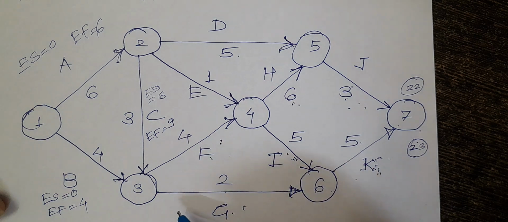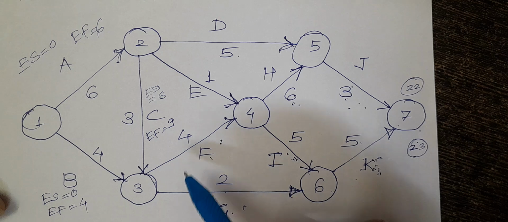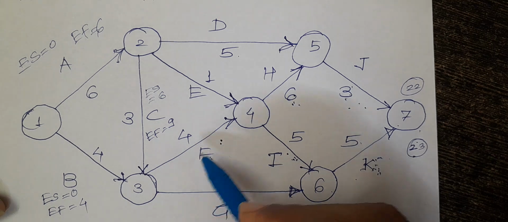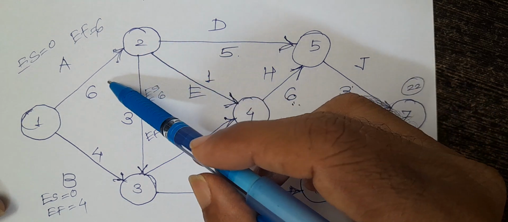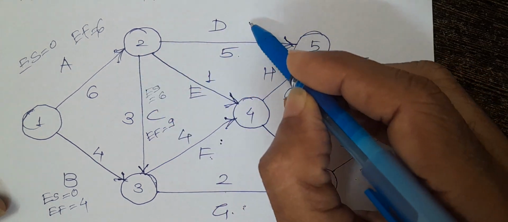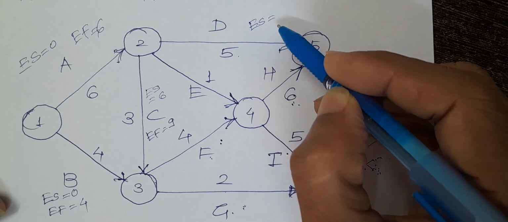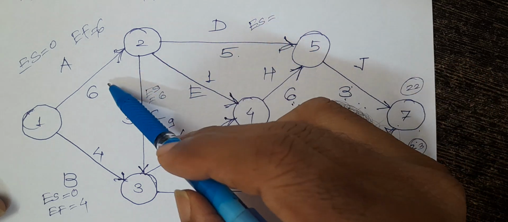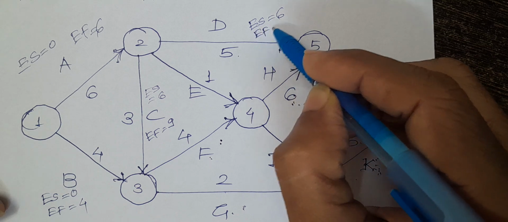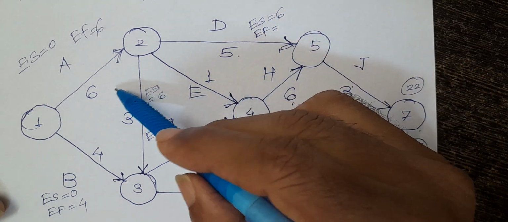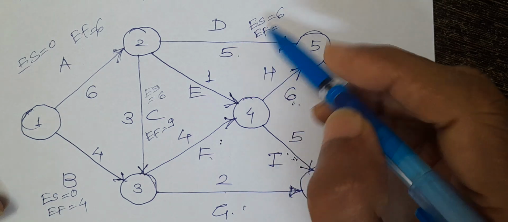In this way we have to write the earliest start and earliest finish. Now the D activity has a predecessor, so the earliest start for this activity is 6, and the earliest finish is 6 plus 5, which is 11.